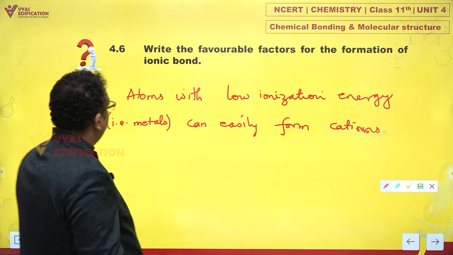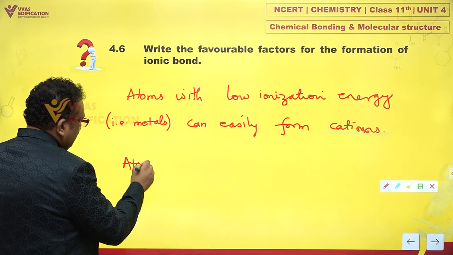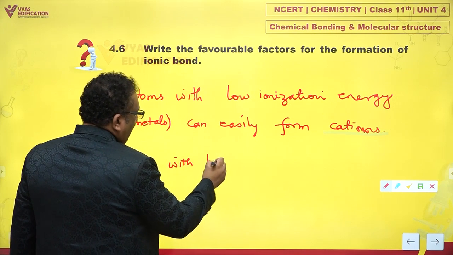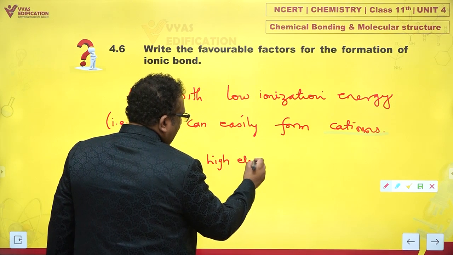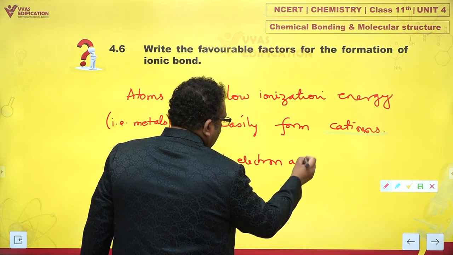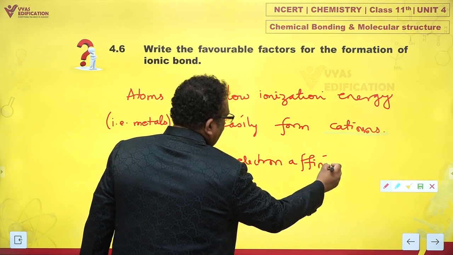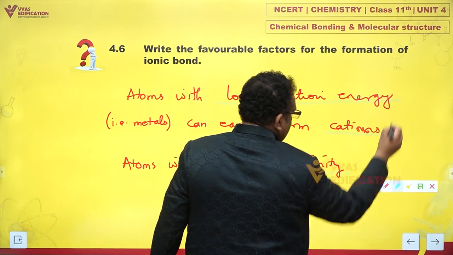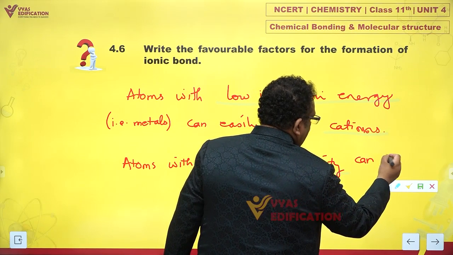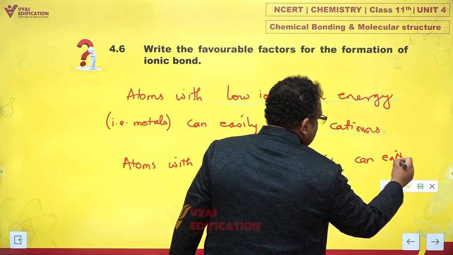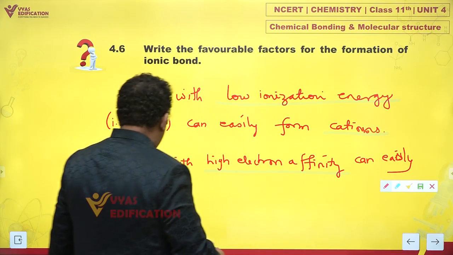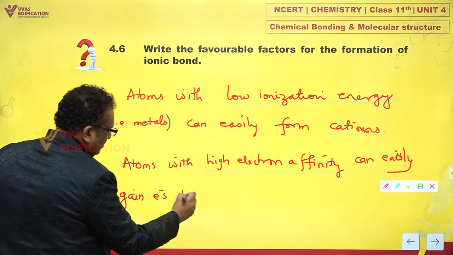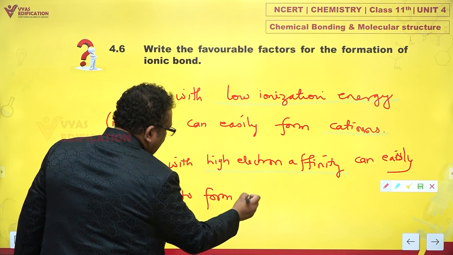And atoms with high electron affinity can easily gain electrons to form anions.